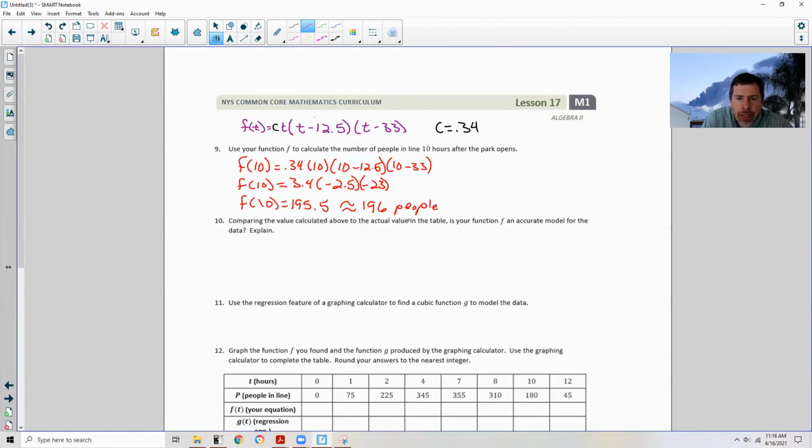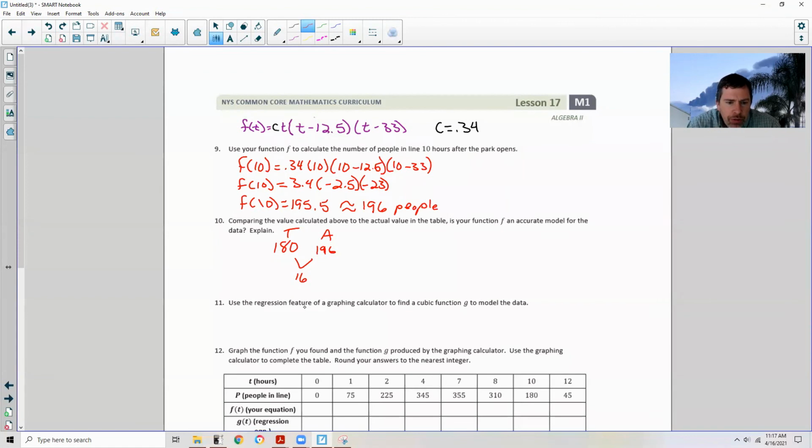So we're off by 16. 180 was in the table and my approximation was 196, which is a difference of 16 people. And it's less than 10%. So I would say, yeah, that's okay. We're within 10% of the actual, so that would be a good value.